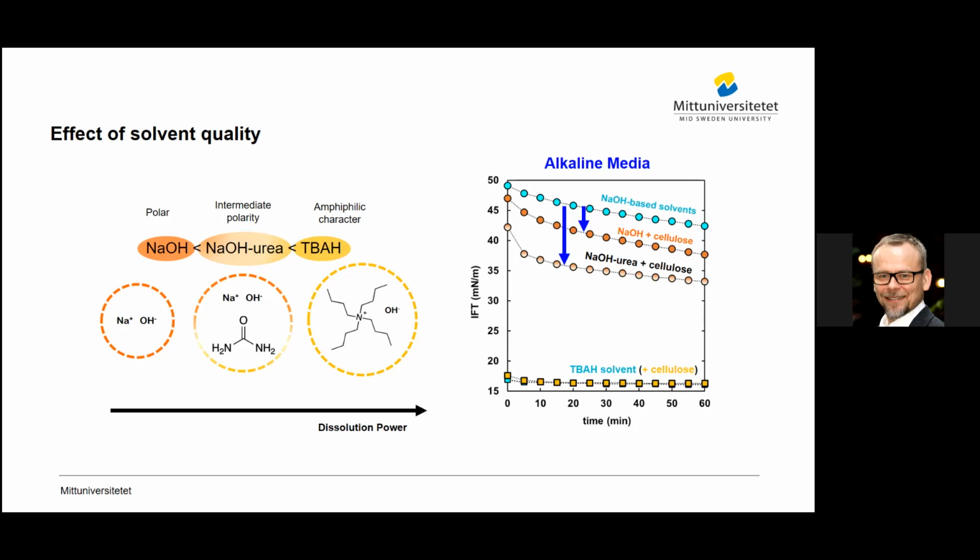So the solvent itself is amphiphilic in the case of TBAH, which makes cellulose lose a bit of its contribution, you could say. But that also tells us which is the best solvent for cellulose here, and it actually goes with this amphiphilic character of the different solvents.